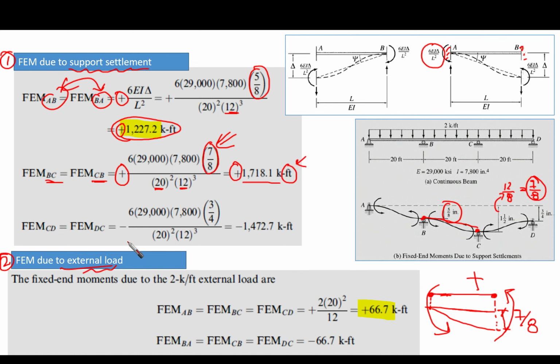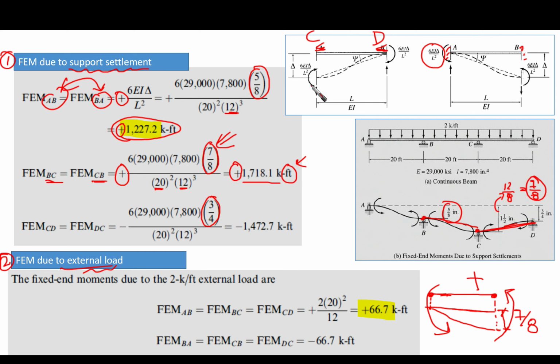Okay, now the last one is this CD, and CD actually has 3/4 at D and 1/2 at C. So the relative settlement between them is going to be 3/4, right? So we will use 3/4 here, and the shape that is going to be suitable is going to be this shape, right? It is as if from the left. This is the span. If we say, for example, this is span C, this is span D, then at C happens the settlement, right?